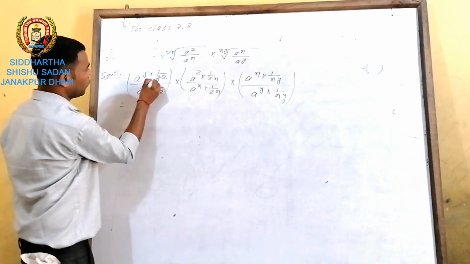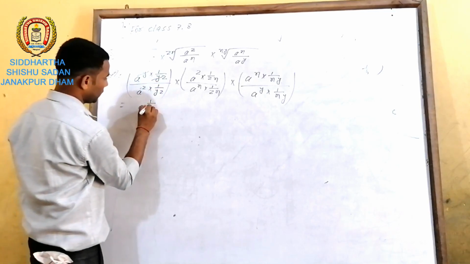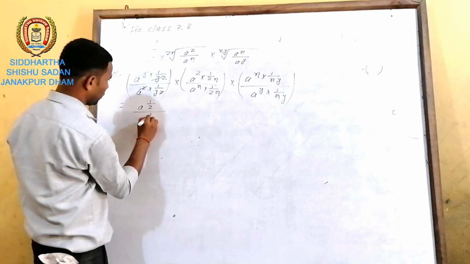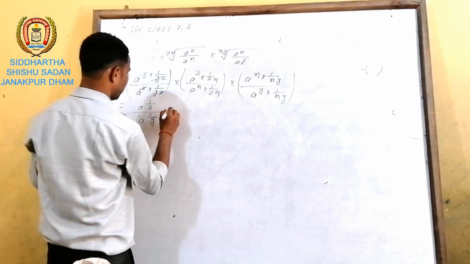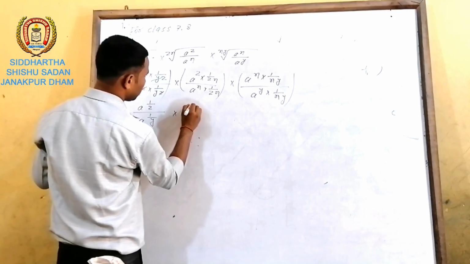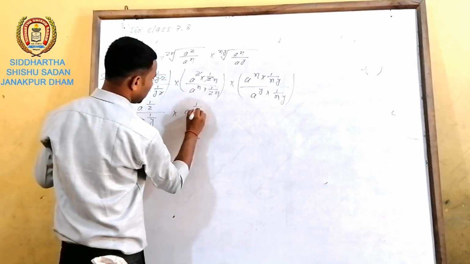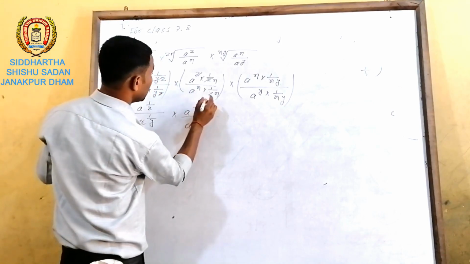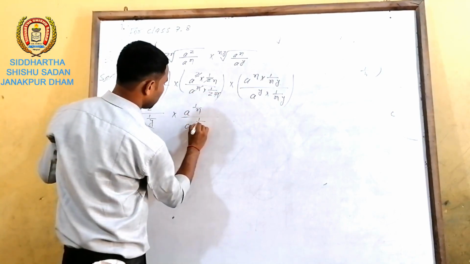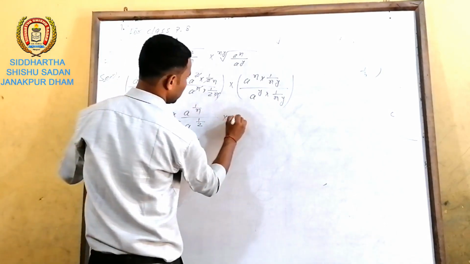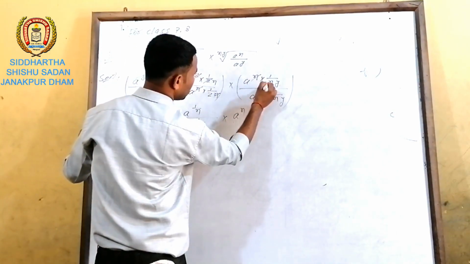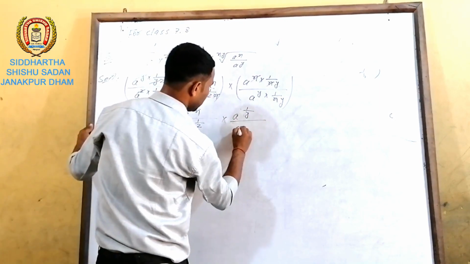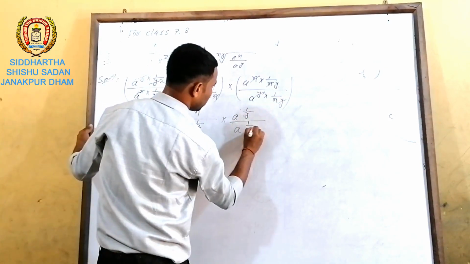Now 1 by z and 1 by z cancel, and 1 by y. A to the power z cancels, 1 by x. A to the power x then 1 by z into a to the power x, and 1 by y by a to the power y means 1 by x.